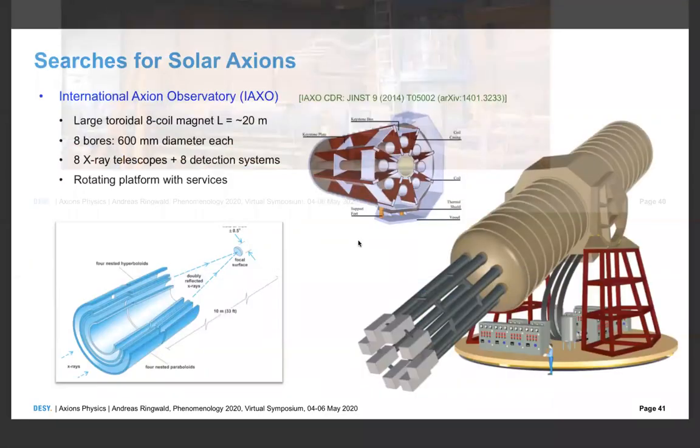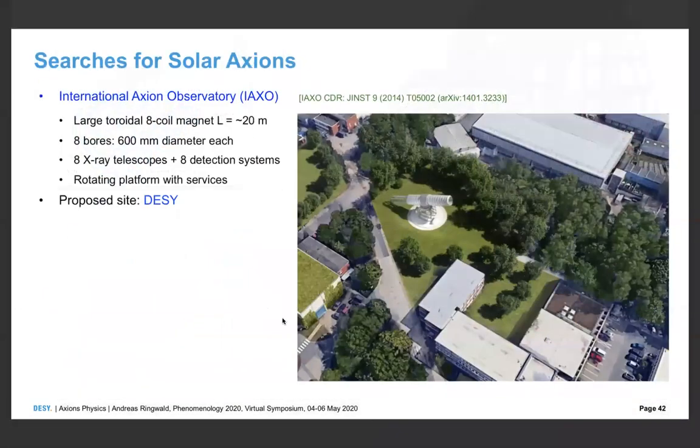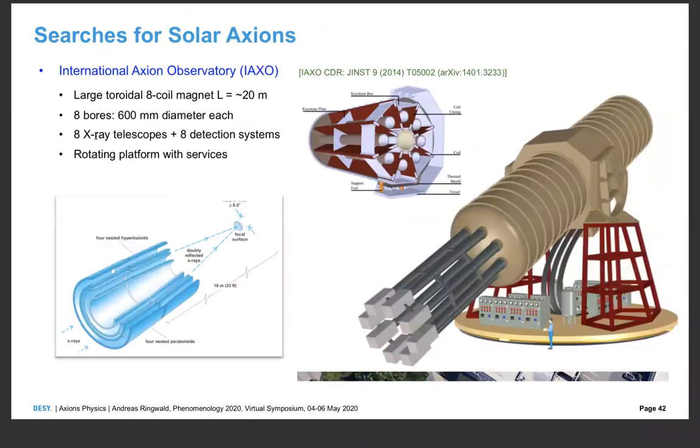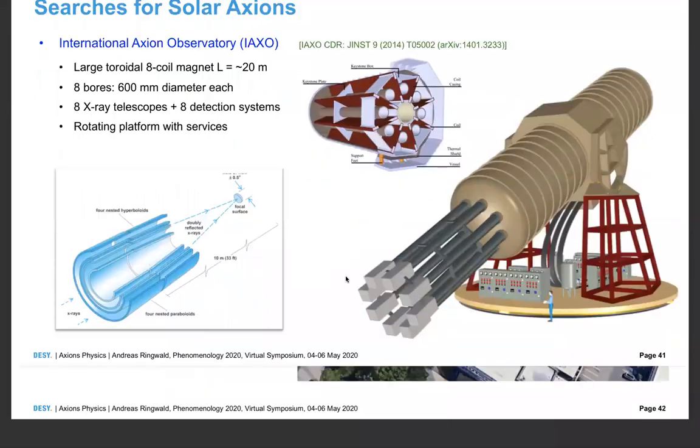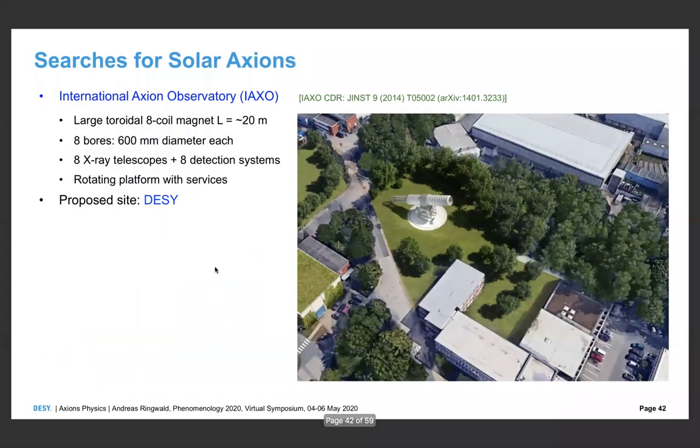And now a successor for this, the International Axion Observatory, IAXO, was proposed, which proposes to have a large toroidal 8-coil magnet with a length of 20 meters, so everything is a bit scaled up in comparison to the CAST experiment.